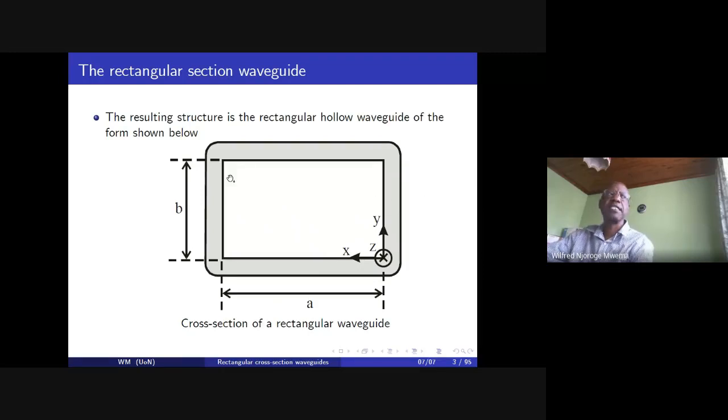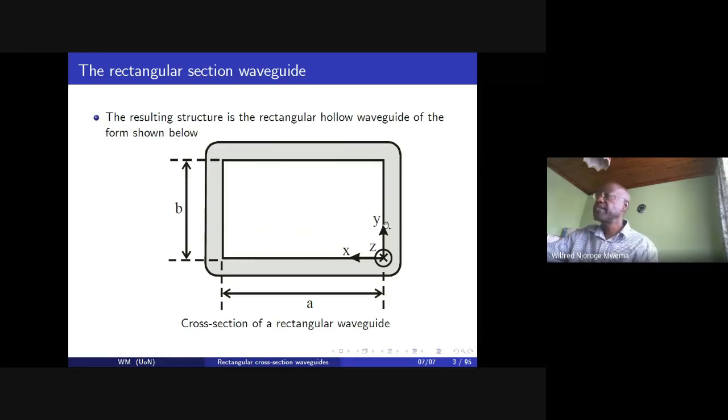And this develops a hollow or rectangular pipe. Rectangular in the sense that it has a height B and a width A. In many cases, we'll find that A will be made longer than B for obvious reasons, which we shall show.